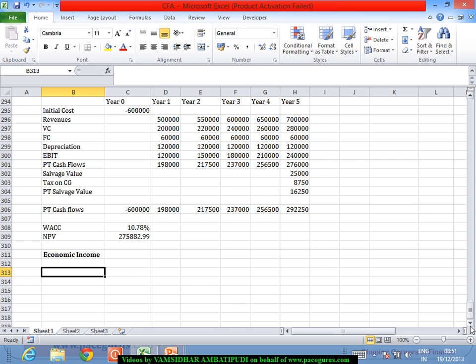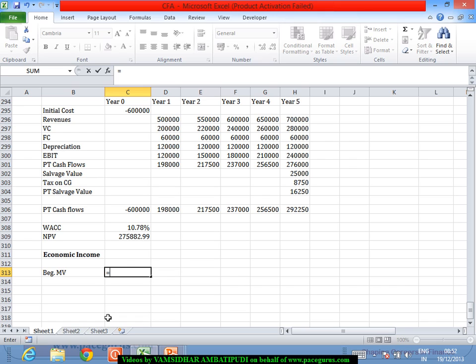So initial market value, I'll start off with this number. The beginning of the year market value is nothing but the present value of all the future cash flows.